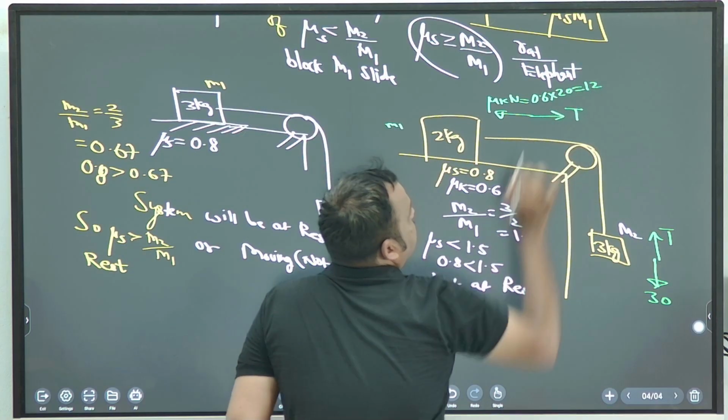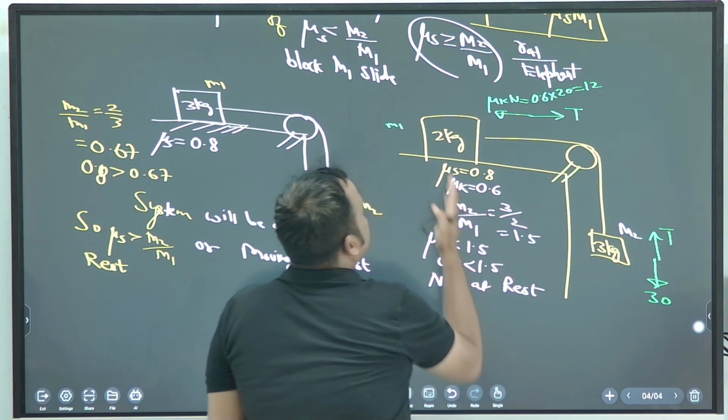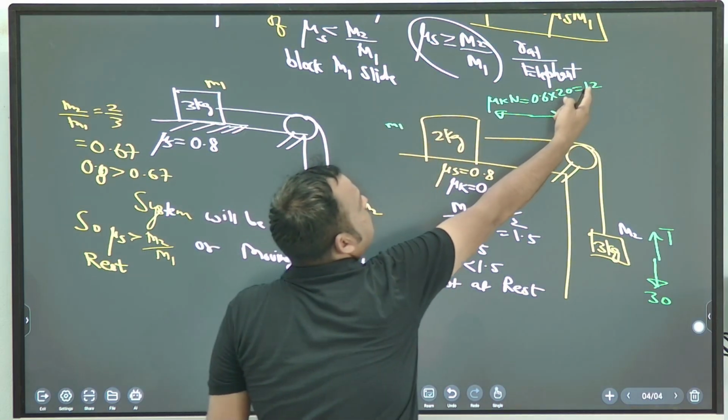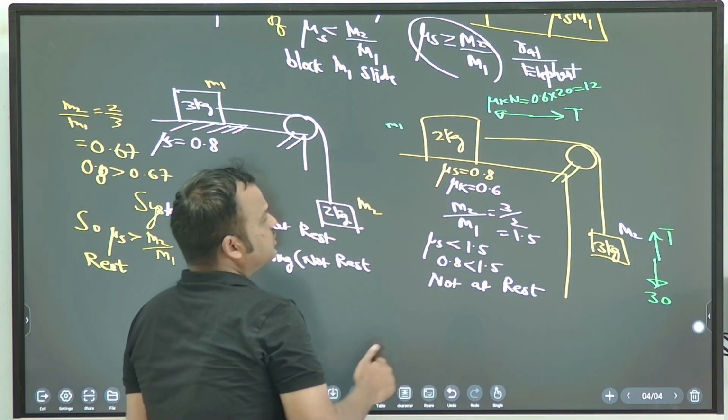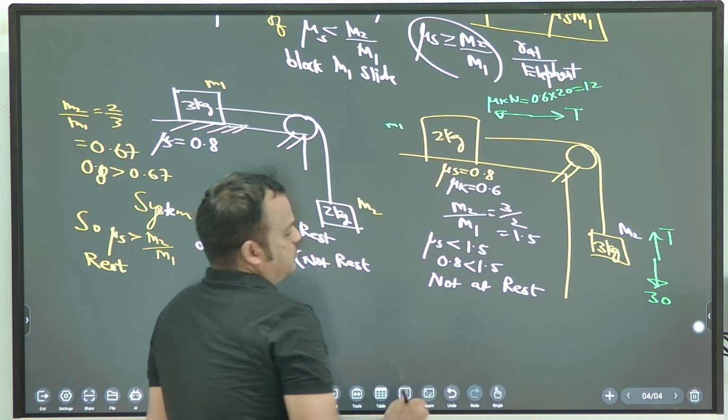So that is 12. Correct? So what is the pulling force here? 30. And what is the stopping force here? 12. So what is the net force? 30 minus 12. Correct. Very good.